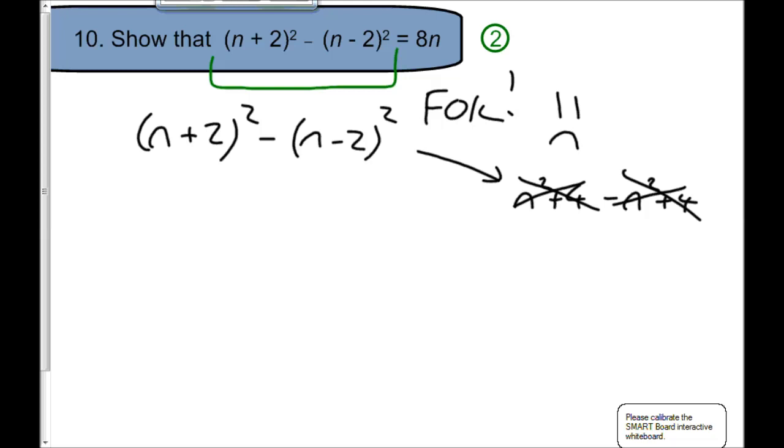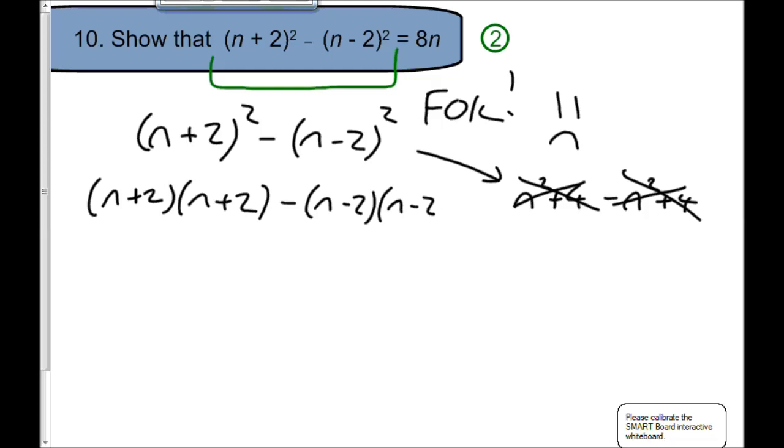Remember, these are brackets we're squaring, so it's technically n plus 2 times n plus 2. So you can rewrite it as n plus 2, n plus 2, take away n minus 2, n minus 2, and then you can use FOIL, the bird's beak, the angry crab, whichever one you like to think of.